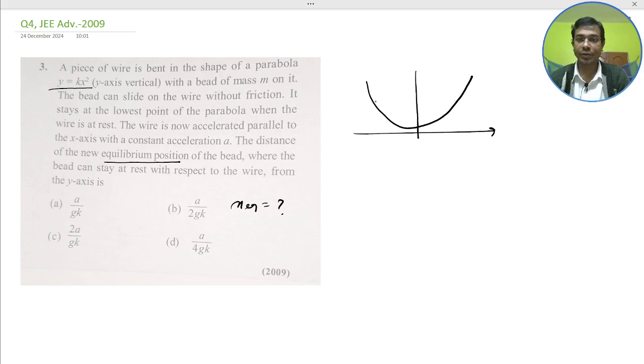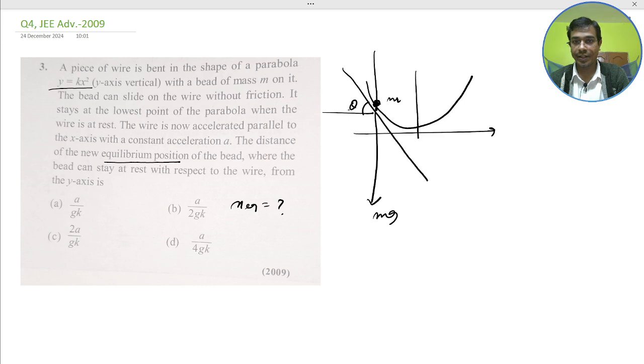So here suppose a bead of mass M. Suppose this is the direction, and this one is another. So the component here is mg, and this angle is theta.